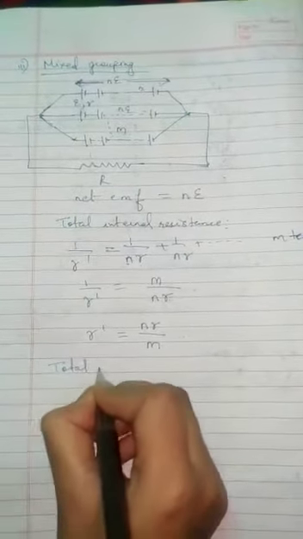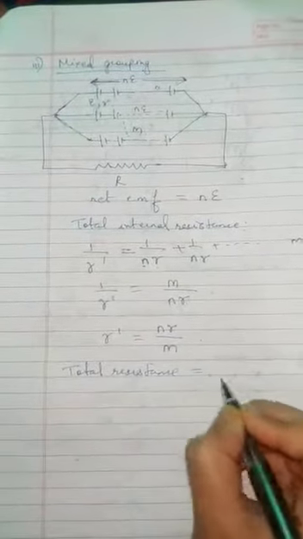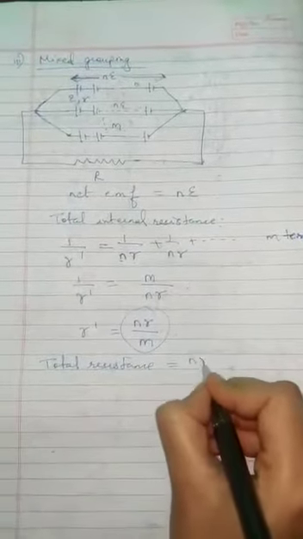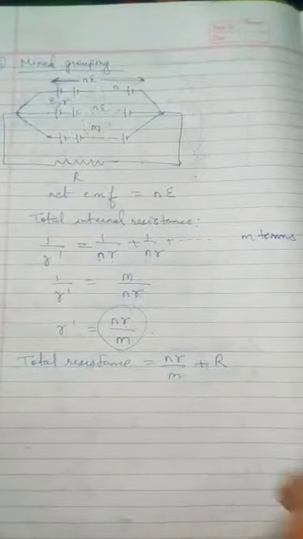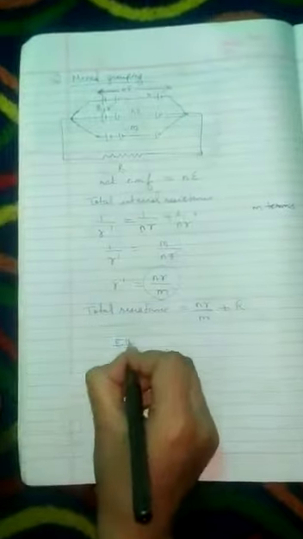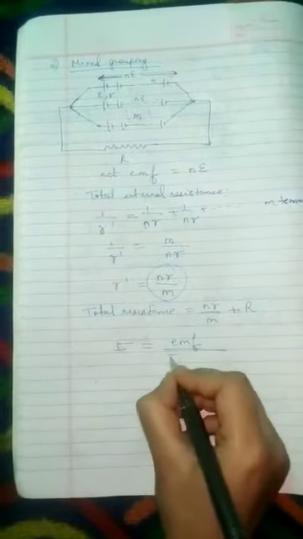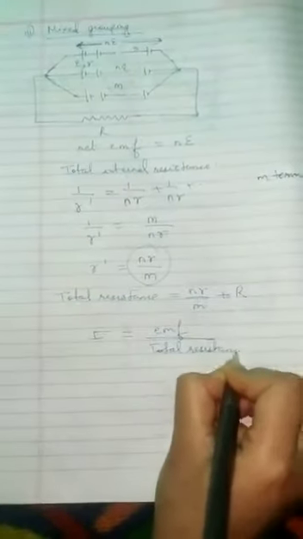Likewise, the total resistance will be the sum of the internal and the external resistances. Our internal resistance is NR by M, in addition to which we have an external resistance R. Now the current drawn will be equal to the net EMF by the total resistance.